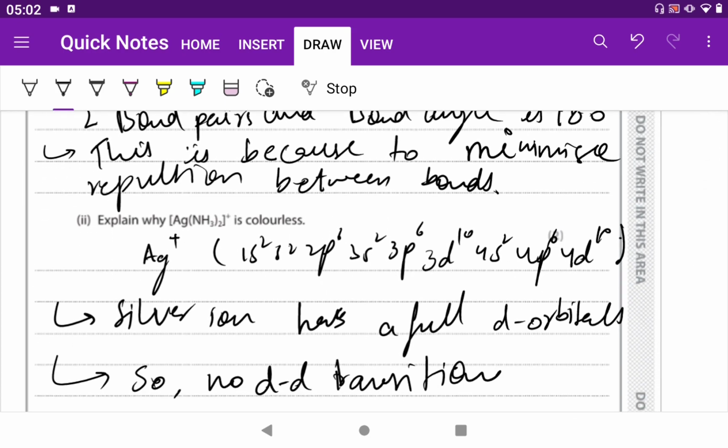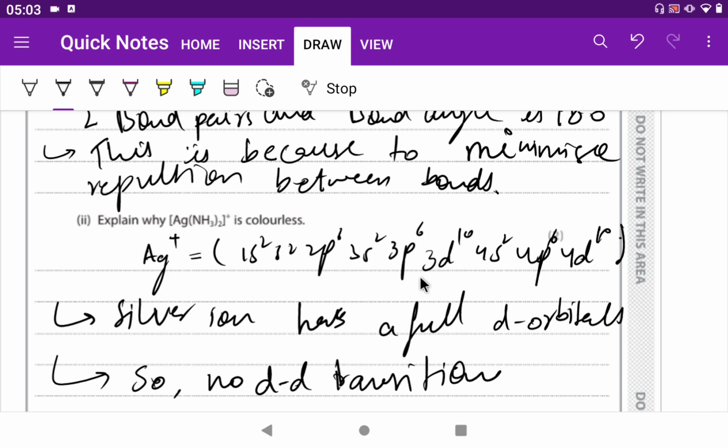Now explain why Ag(NH3)2+ is colorless, because in this complex Ag is in the +1 state. So the electronic configuration can be written like this: 1s2 2s2 2p6 3s2.